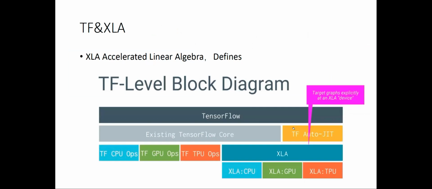And usually when we design this AI software stack for customized hardware, we put the input of the software stack at the graph level. Here we show that in the TensorFlow flow, the graph level is within XLA, the accelerated linear algebra part.